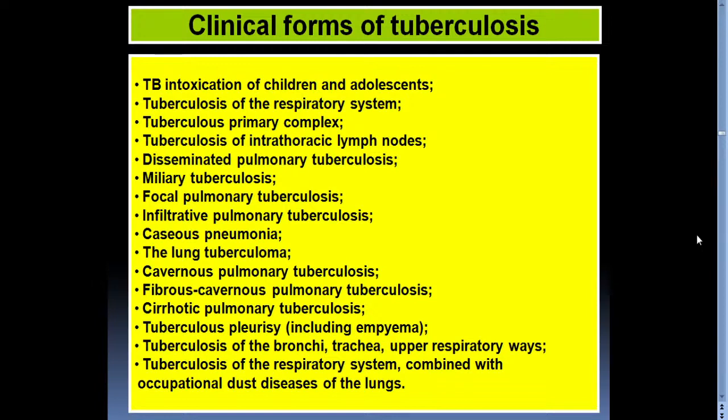First part, clinical forms of tuberculosis. There are many forms of tuberculosis, but most often it can affect lung tissue. Therefore, all forms are divided into pulmonary forms and extrapulmonary forms of tuberculosis.